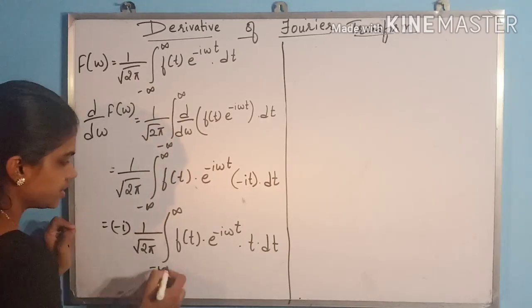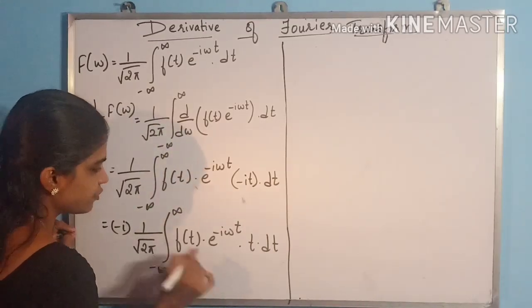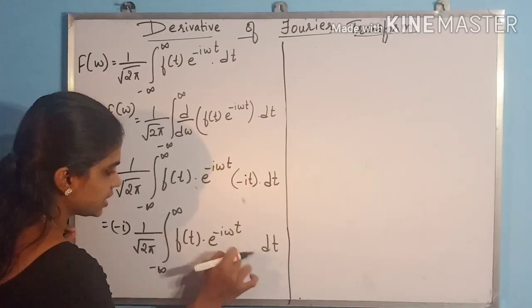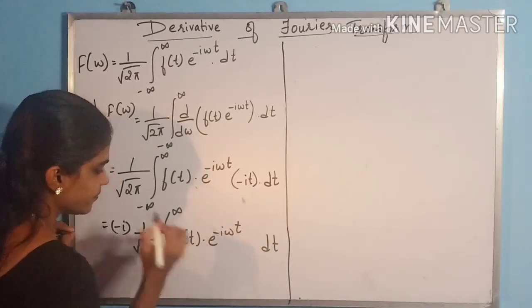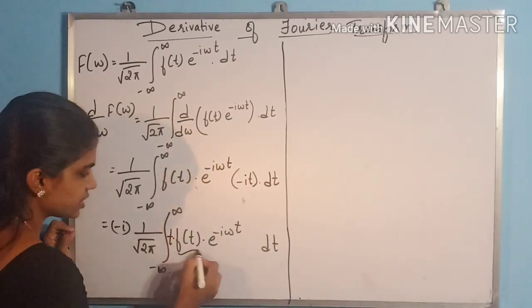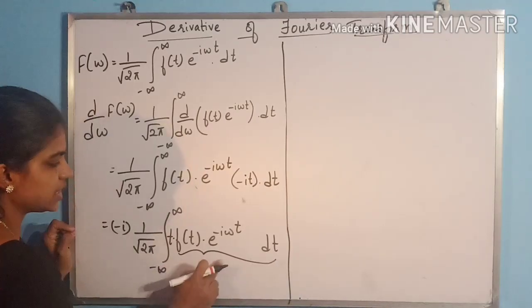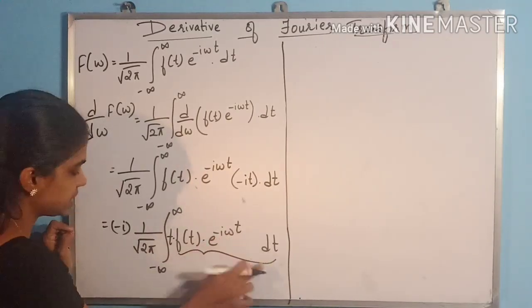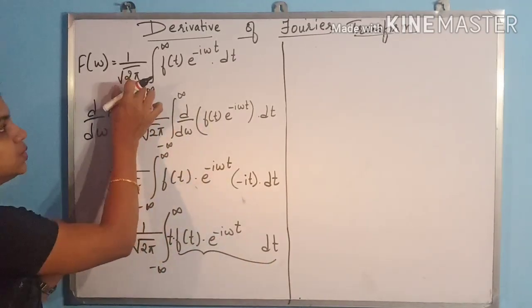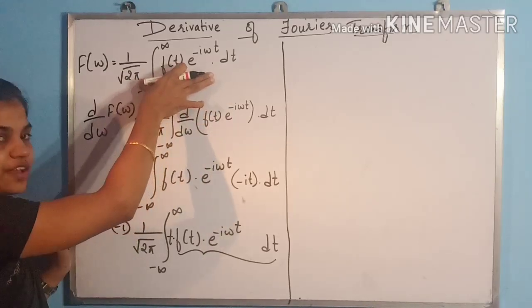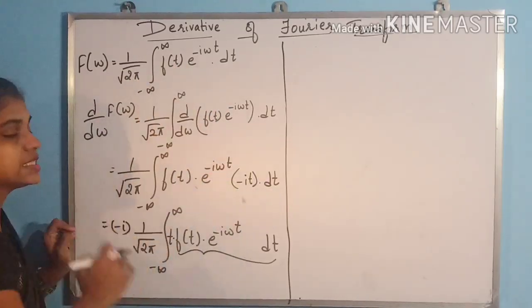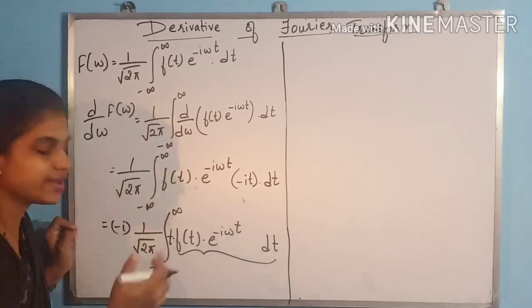Now if you see this part, t f(t) e to the power minus i omega t dt into 1 by root 2 pi, this is nothing but the Fourier transform of t f(t).